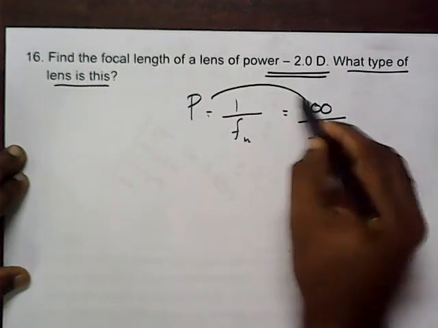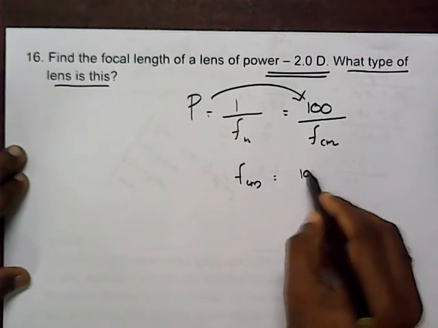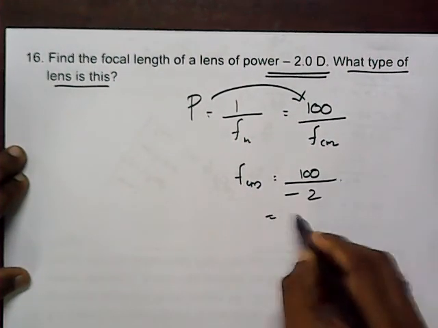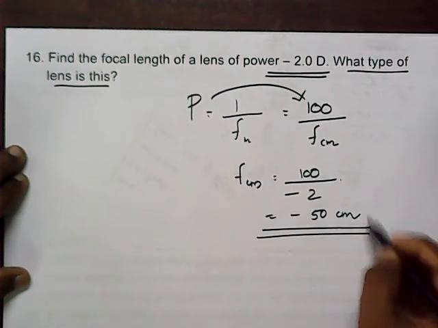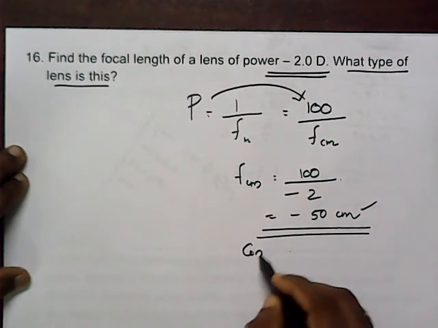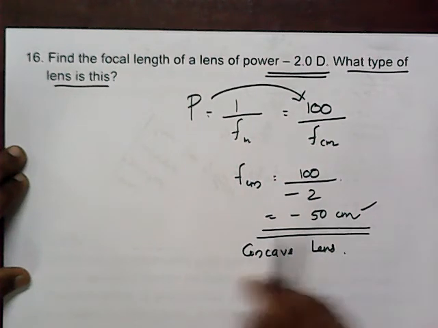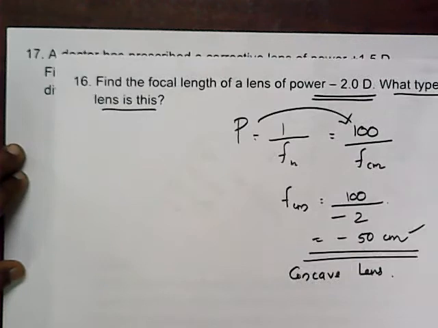So we can use this concept. The focal length in centimeter is equal to 100 by the power, minus 2. So you get the answer as minus 50 centimeter. And what is the meaning of negative? It is a concave lens. A good but simple concept.